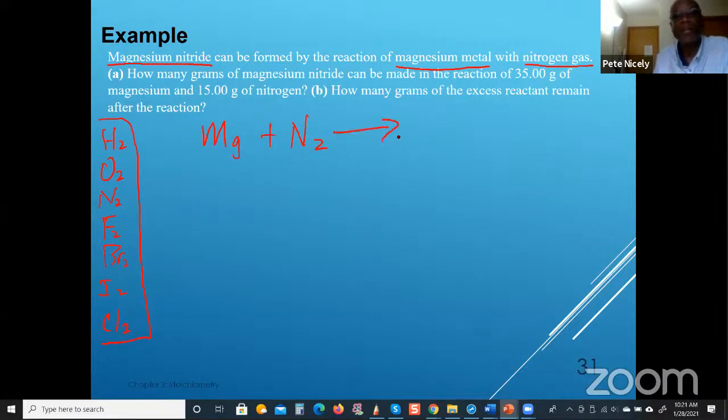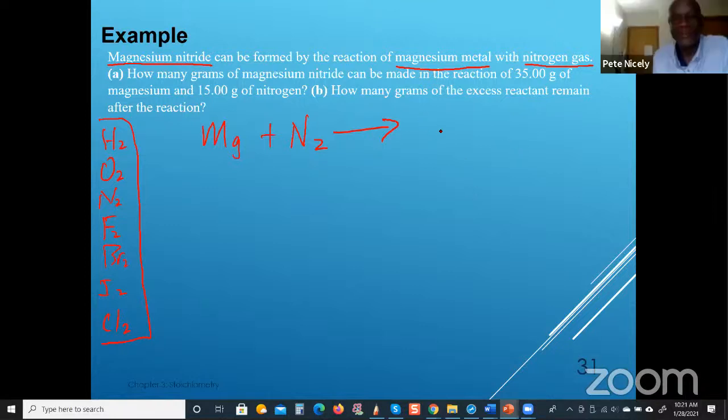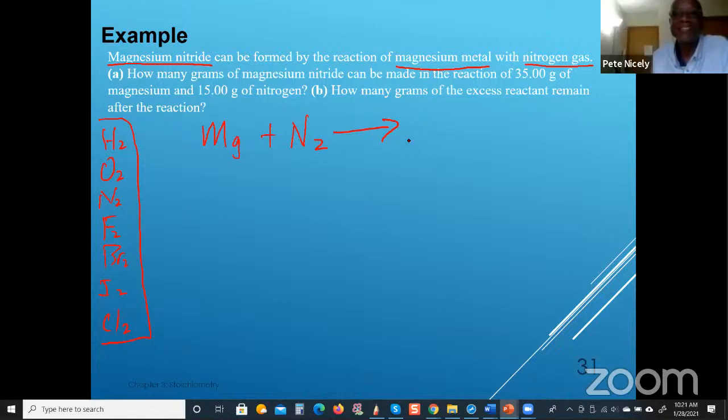What would be the formula of the product? It's only one product, magnesium nitride. So what's the formula for magnesium nitride? MgNO3 and then 2. Nope. Anybody else can come up with a formula for magnesium nitride?